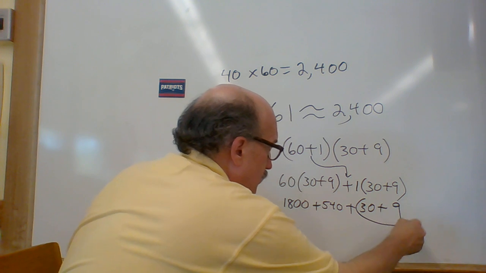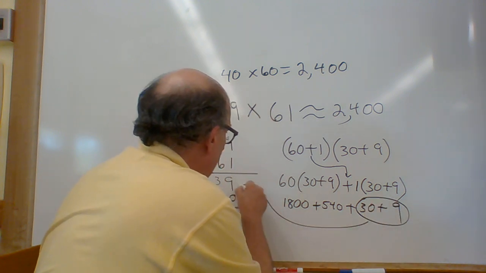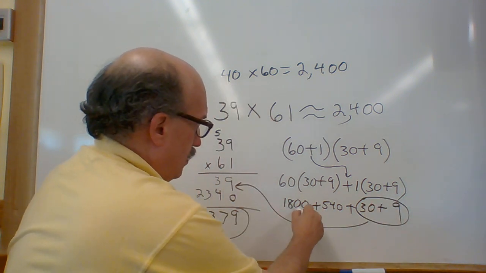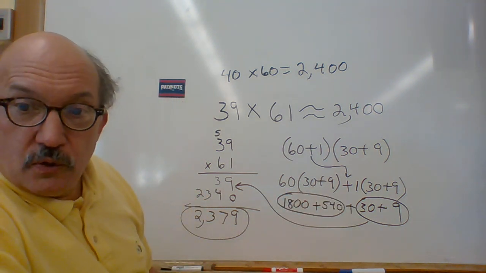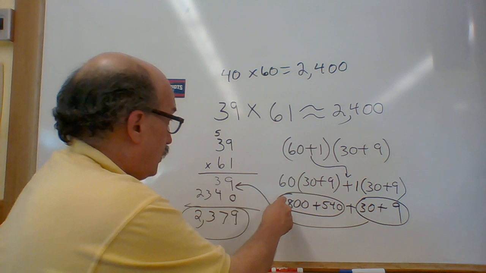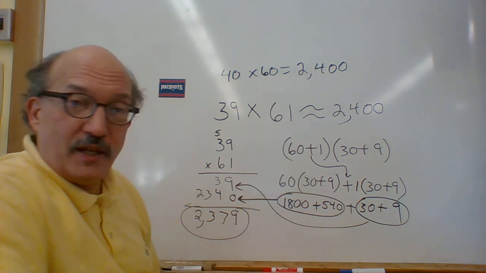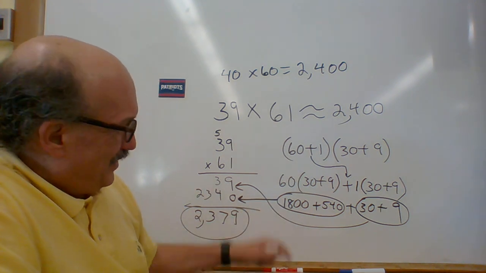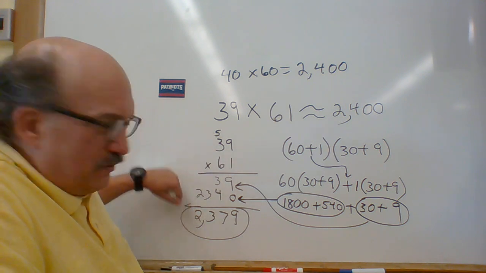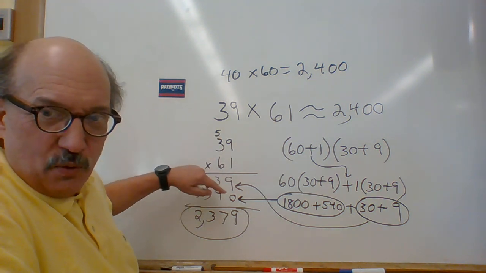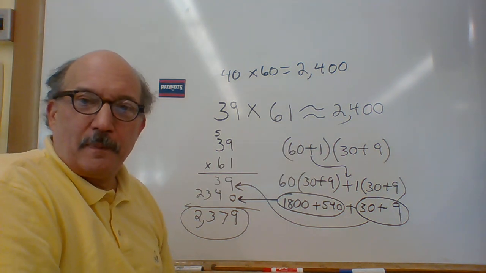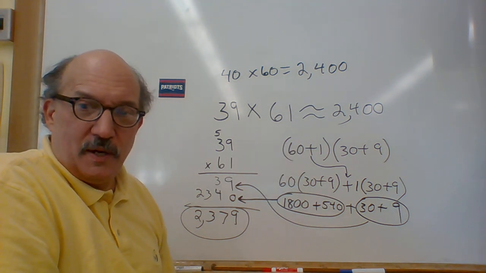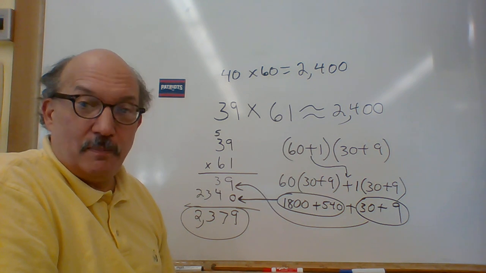Well, there it is. There's the 39. And then these two here, 1,800 plus 540. You should be able to do that mentally. 1,800 plus 540 is 2,340. So once again, when we did the multiplication algorithm, this is really what was going on over here. The distributive property. It's awesome.